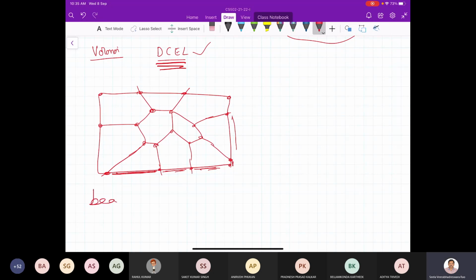Next is the beach line or sweep line status. So we use a balanced binary search tree.